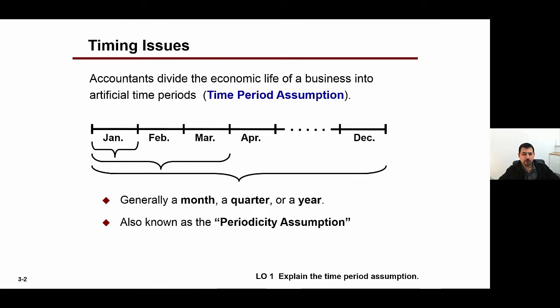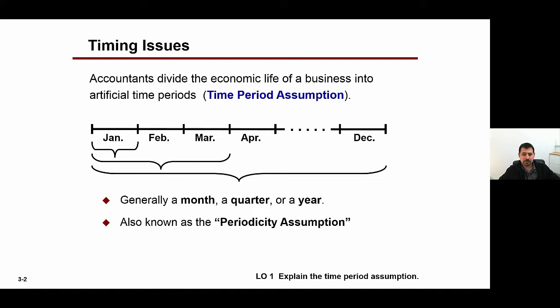Now, the problem is that using these accounting periods requires some kind of adjustments, especially when we have events that roll over into the following accounting periods. Say you pay something in advance.